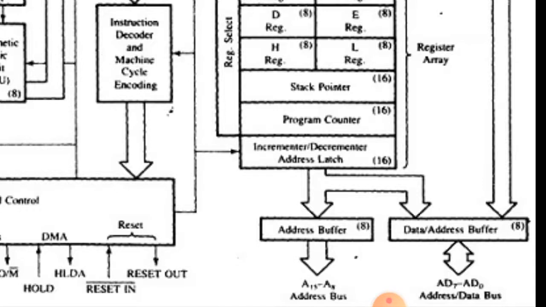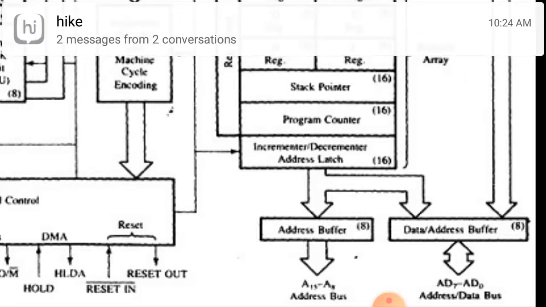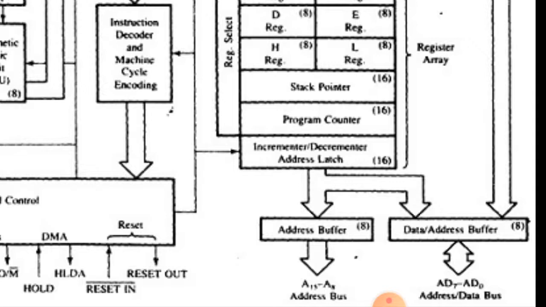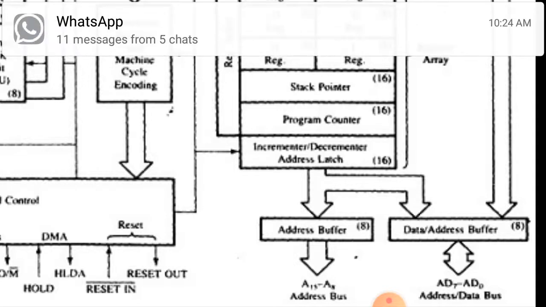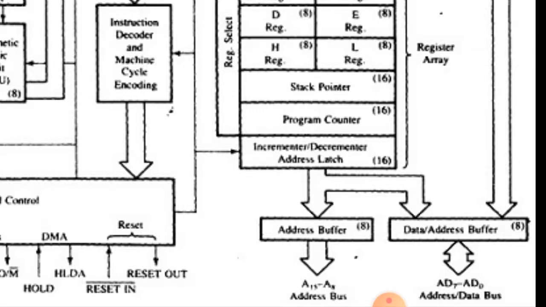Now the data bus carries the data to be stored and it is bidirectional. The address bus carries the location, where it should be stored, and it is unidirectional. So finally, the address buffer and data address buffer do only two functions, that is storage, bidirectional, and after execution, transfer of the data.